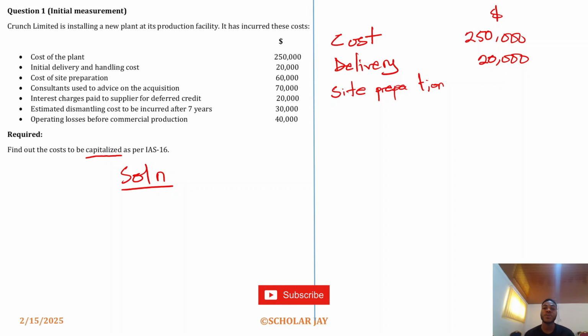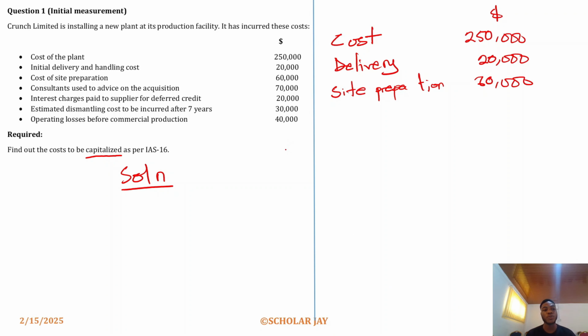Now, if not for the fact that you are bringing the asset to that place to mount it, you would not have incurred that cost. Is that not it? So the cost of preparing the land suitable for the asset to be mounted had to be incurred, right? In doing so, that cost of site preparation must also be capitalized. So we have 60,000.